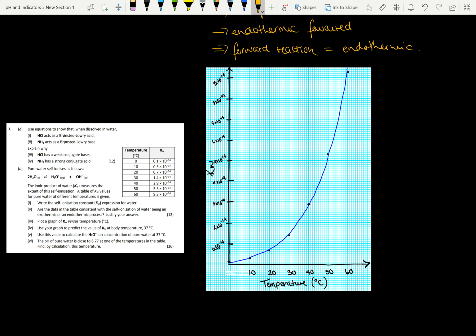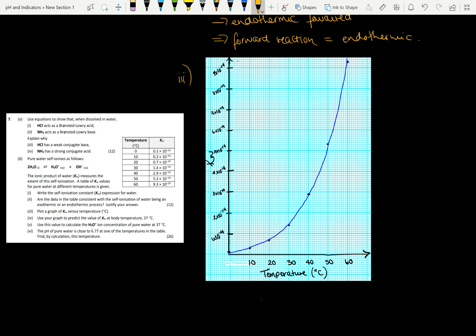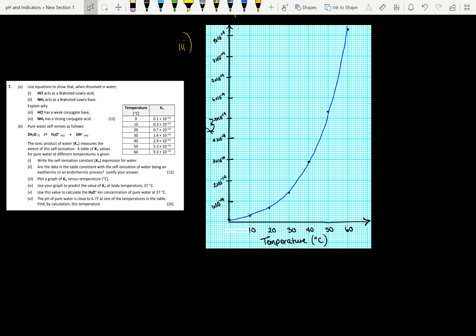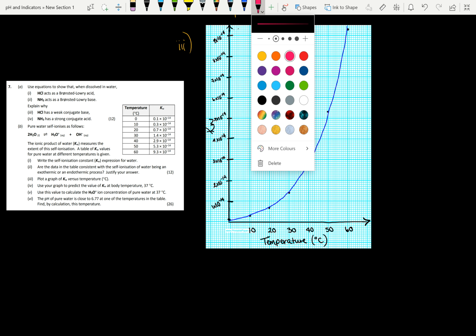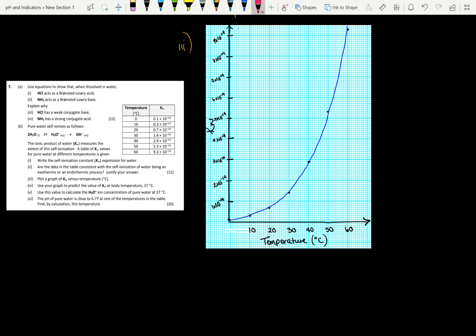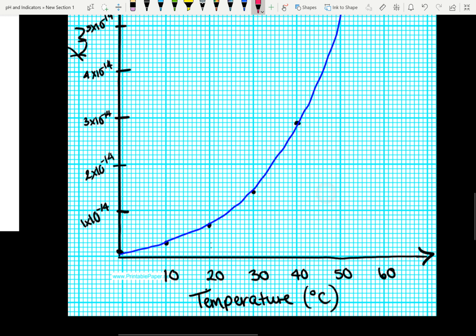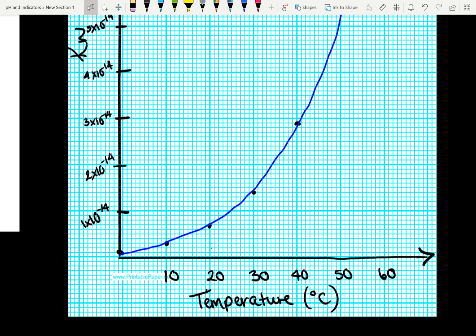So we've done part 3. Here's part 3, plotting the graph. Now use your graph to predict the value of Kw at body temperature, which is 37 degrees. So let's change our pen color here so that we can see it. They're asking us to find the Kw at 37 degrees using our graph. So let's find 37 degrees, it's there.